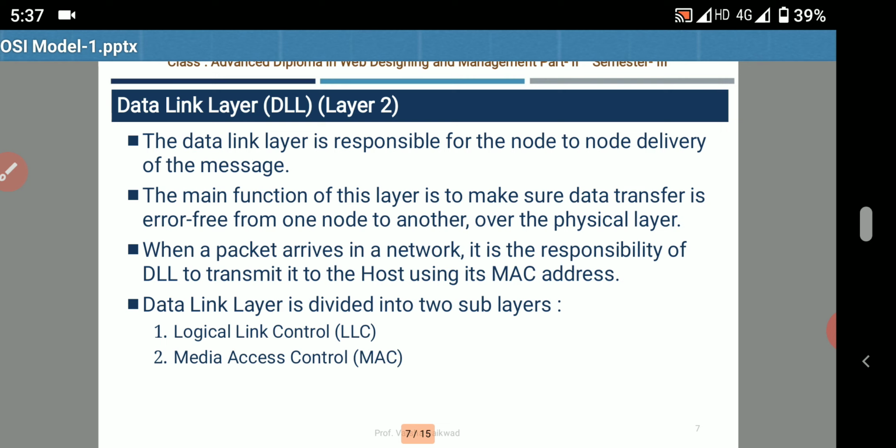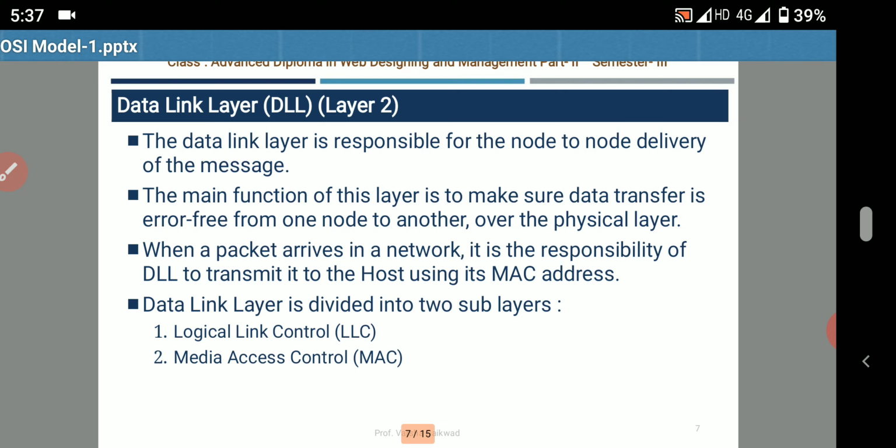Next is data link layer. The data link layer is responsible for the node-to-node delivery of the message. Okay, so data link layer is responsible for the data to be transferred from one node or host to the other node or host. The main function of this layer is to make sure data transfer is error free from one node to another over the physical layer.